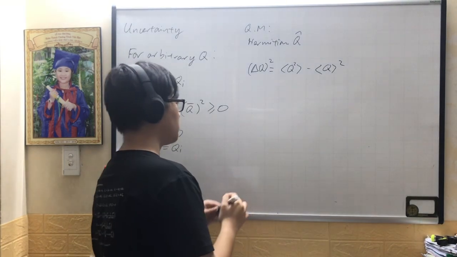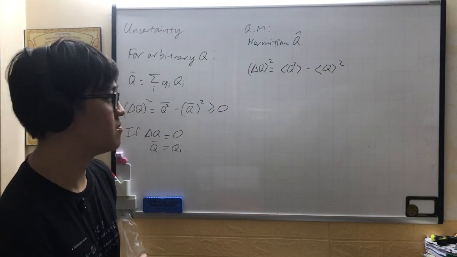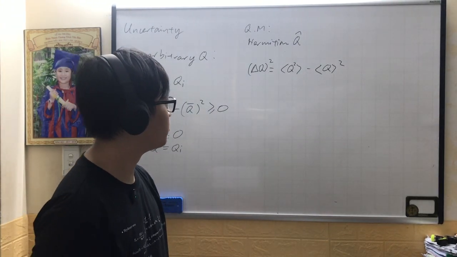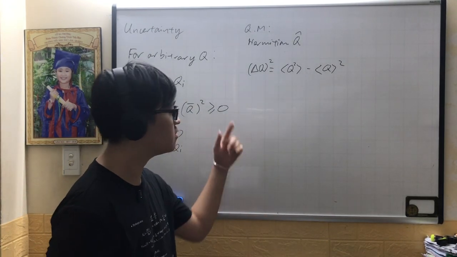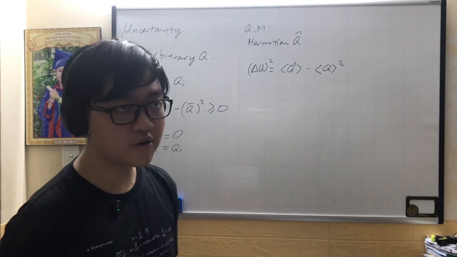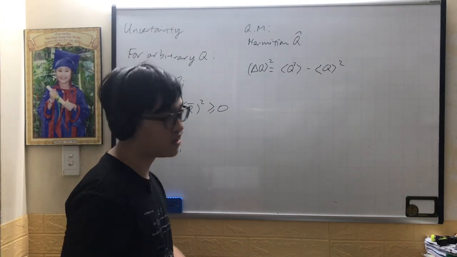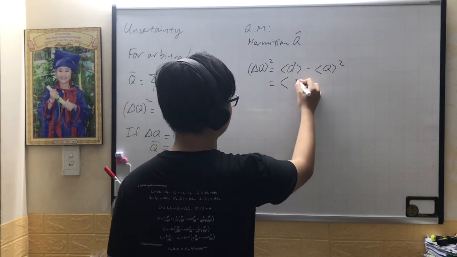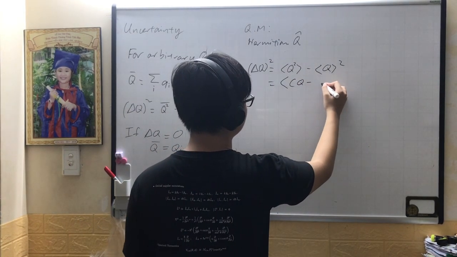So one way to remember this is that you would imagine the square jumping out. That is my way to remember this thing. And I believe we have some more ways to write this. So you can also write this as this.